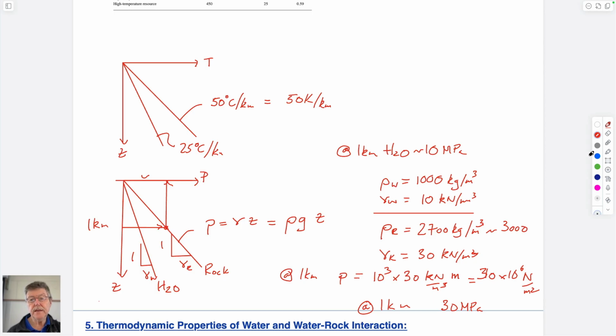So, all by way of saying, if we choose a particular depth, which may be a kilometer or not, then we can get a temperature from that.